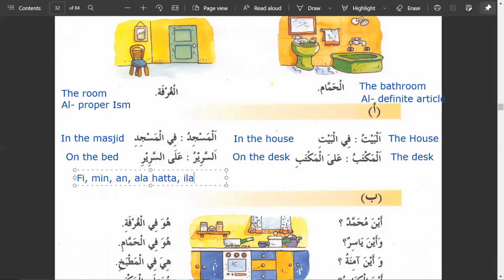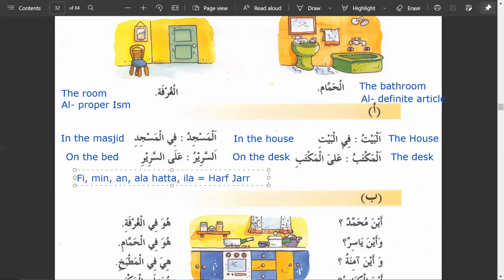These are harf jar in Arabic. In this lesson we are learning harf jar. And when a harf jar combines with an ism, then it's a combination.